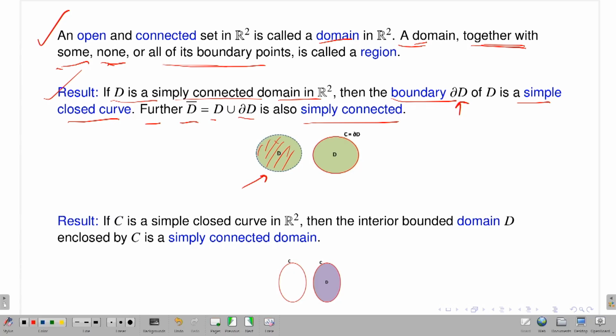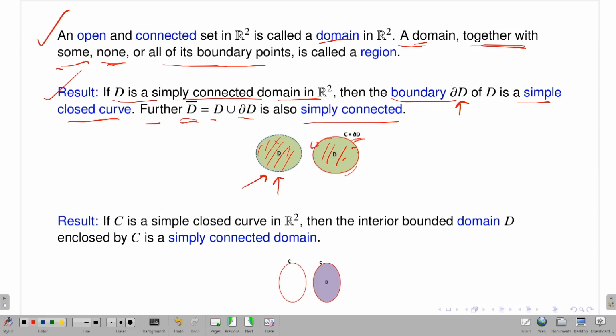So this is a simply connected domain in R2. Now what is the boundary? The boundary is nothing but this circle, this red one. This circle is del D, which is a simple closed curve. And if I talk about the set D along with all the boundary points, that means this along with the points on the circle, it is also simply connected, and this is denoted as the closure of D. Okay. So therefore this is a domain D which is a simply connected domain in R2.